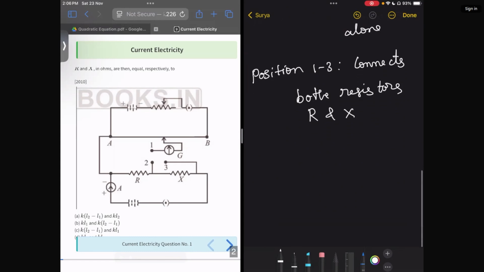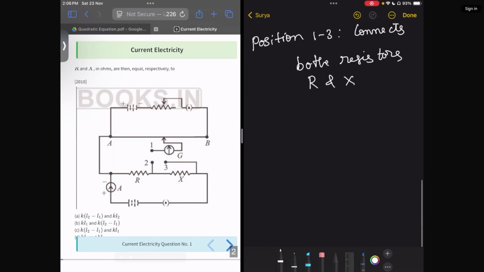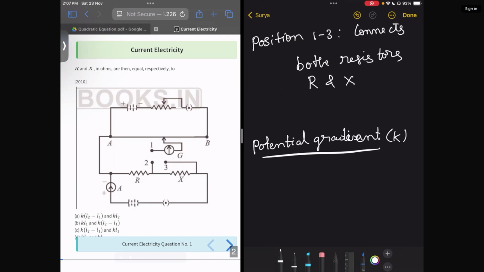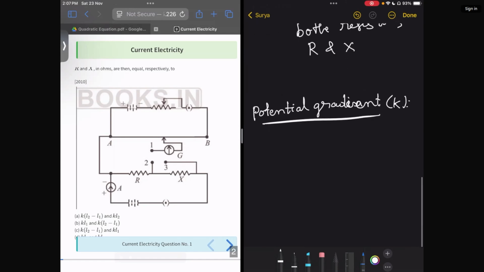As shown in the figure, what is the potential gradient given? I am telling the definition of potential gradient. The potential gradient, given as K here, is the rate at which the voltage drops across the potential wire.